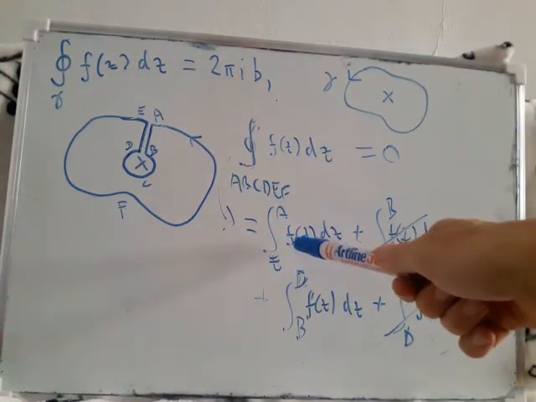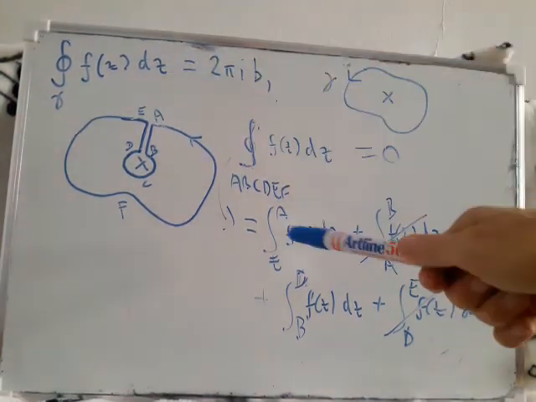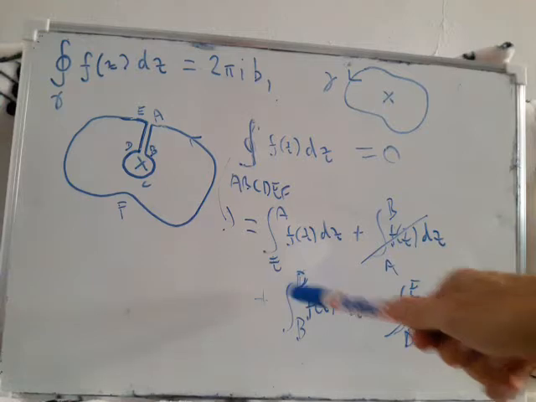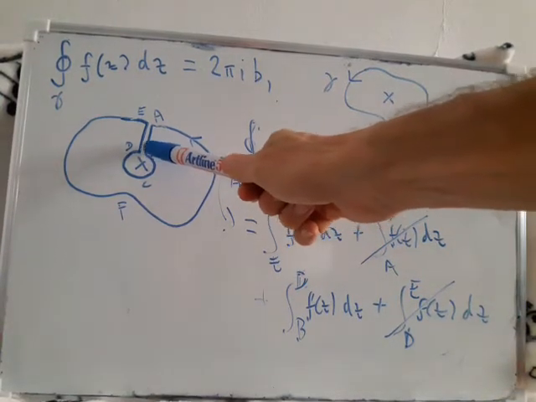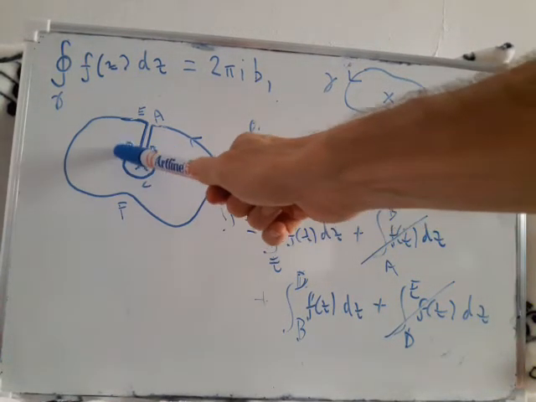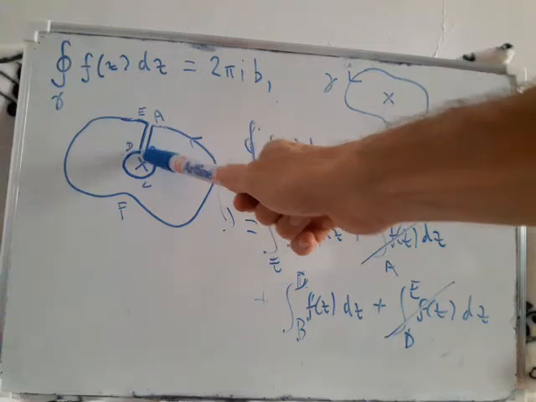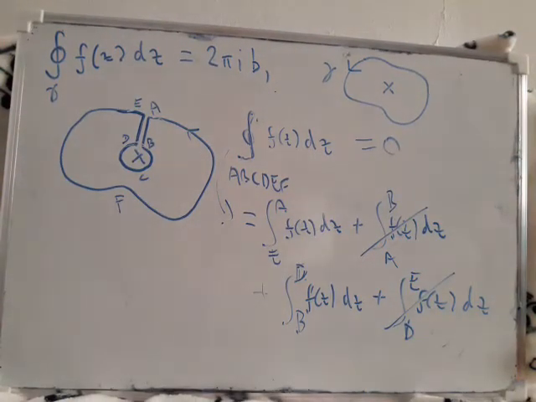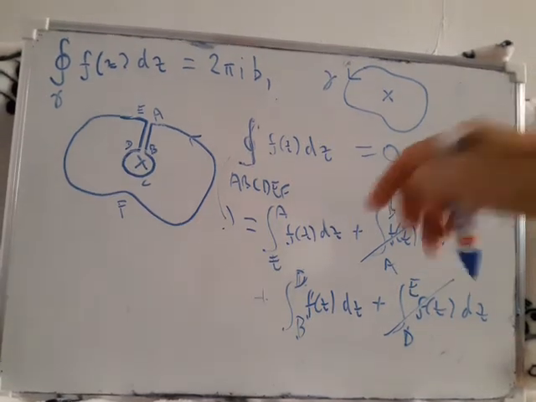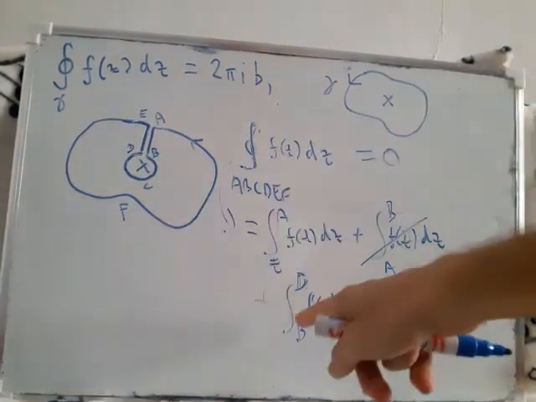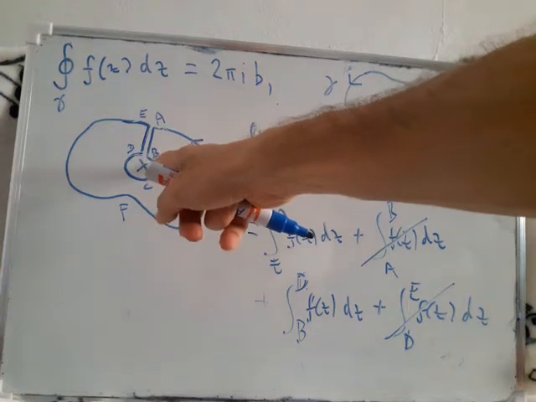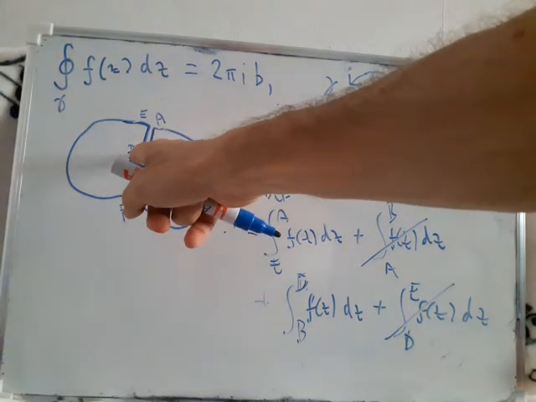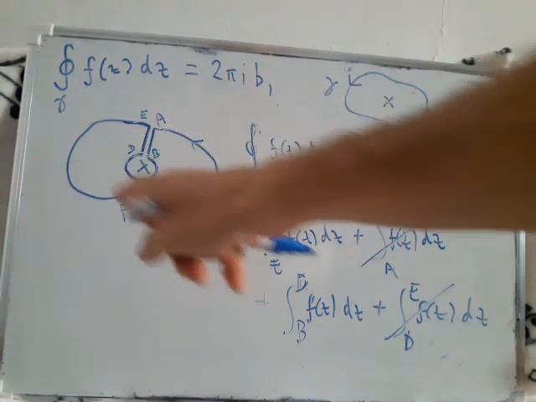Okay, so the integral we actually want is going to be equal to the integral around here. So it's a clockwise, sorry, I said that wrong. It's this integral here plus the clockwise integral around here is equal to 0.